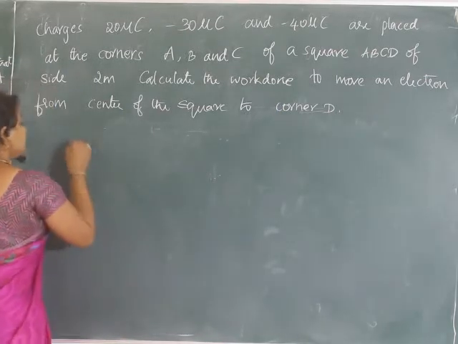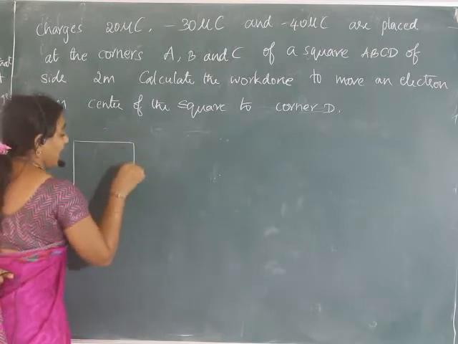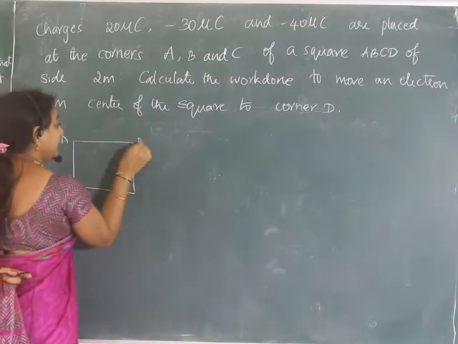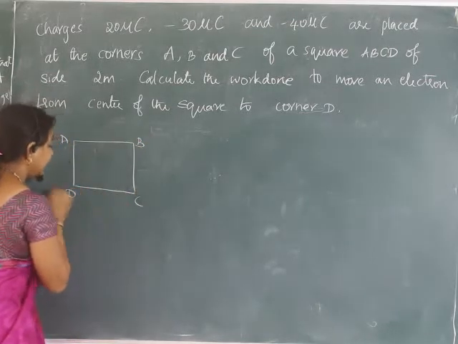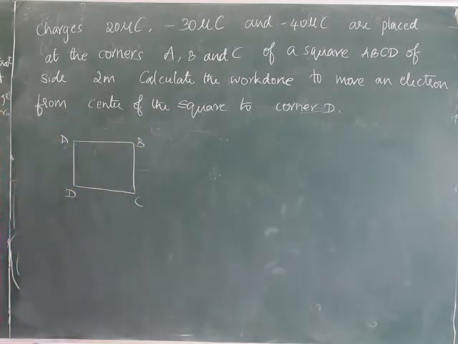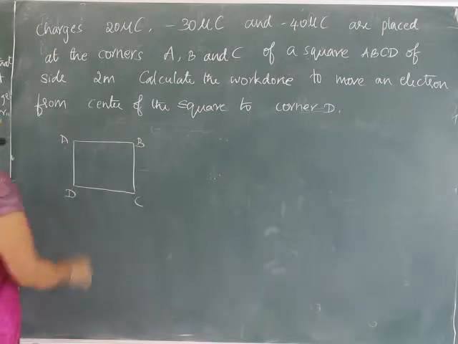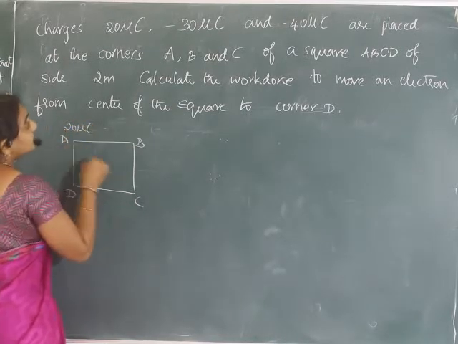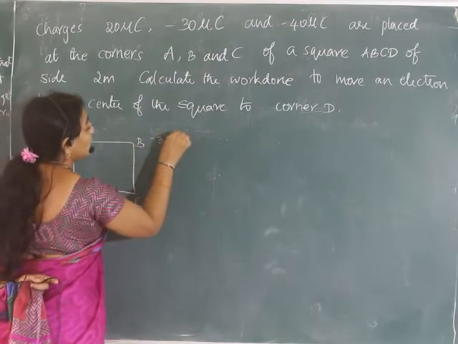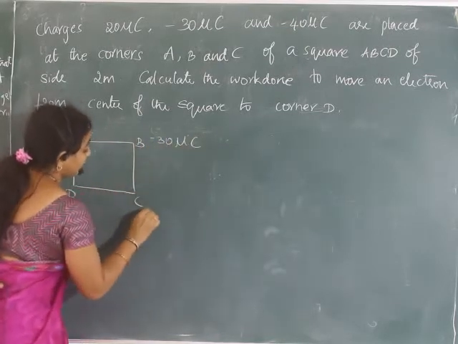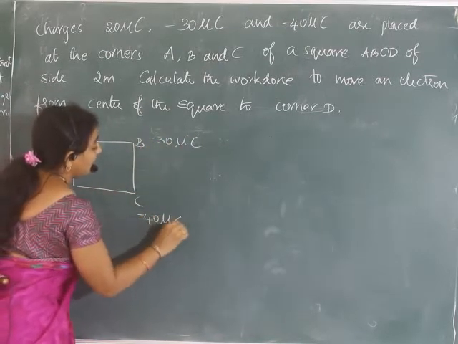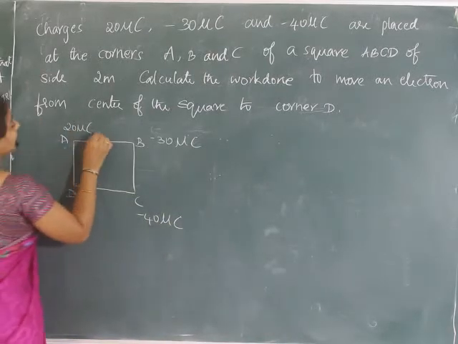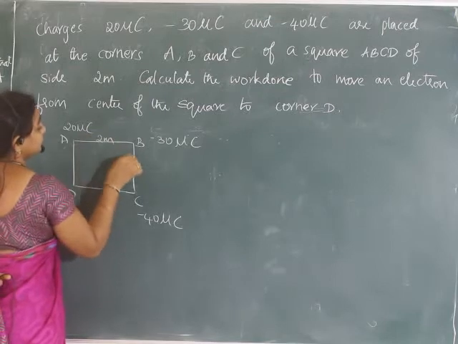Okay, so let us consider a square A, B, C and D. You have to place the 3 charges at A, B and C, that is 20 microcoulomb, minus 30 microcoulomb, minus 40 microcoulomb, and the sides of the square are 2 meter.